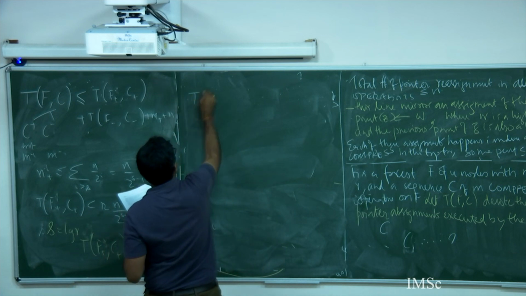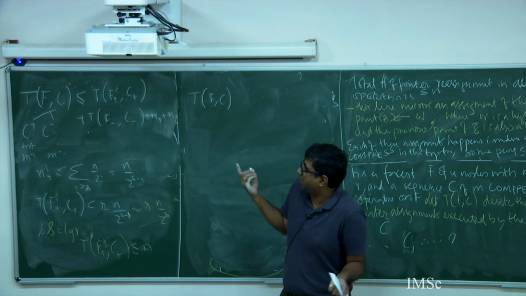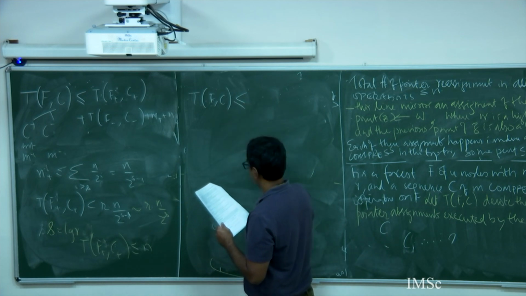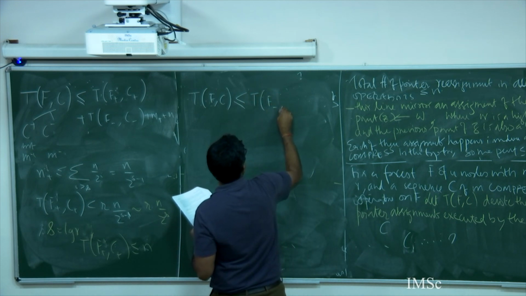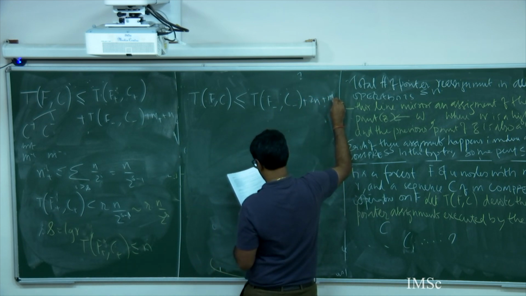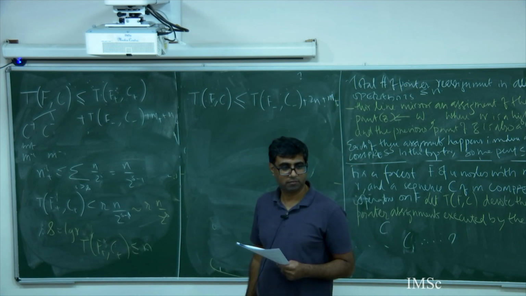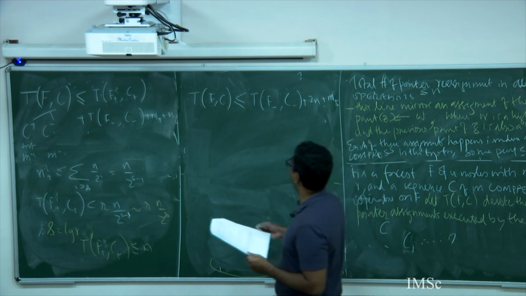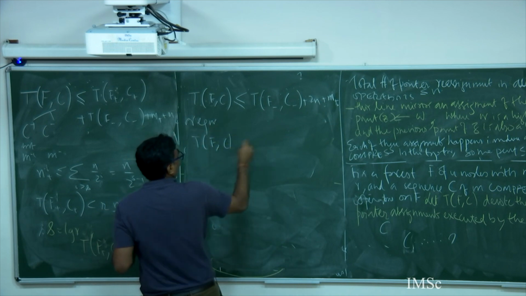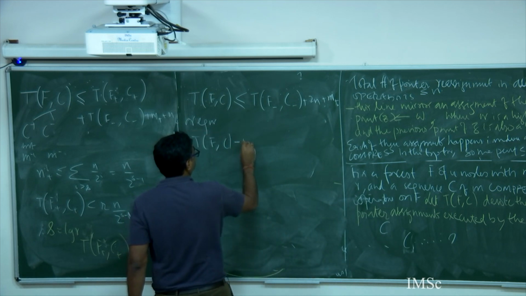So now can I say T of Fc, I upper bounded this plus business, is less than or equal to that, right? Do you agree? Or equivalently, I can also write what is this, m plus is m minus m minus, and now I can write this minus m.